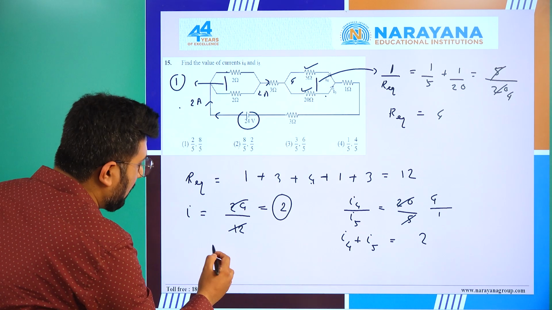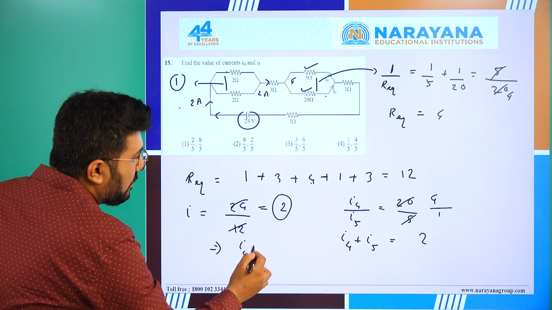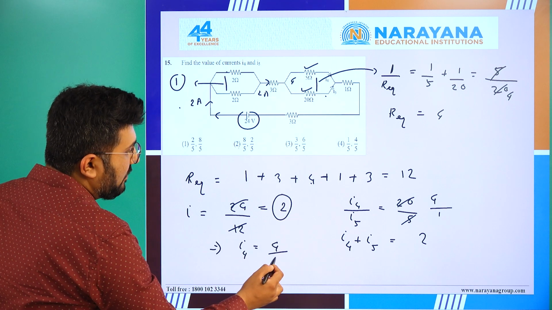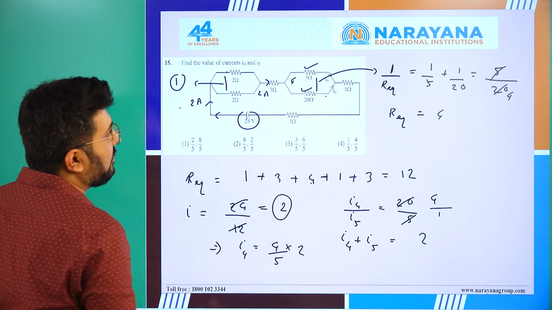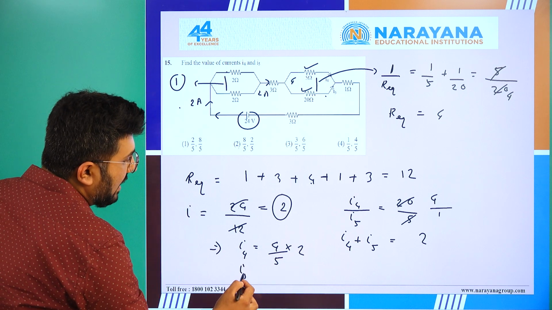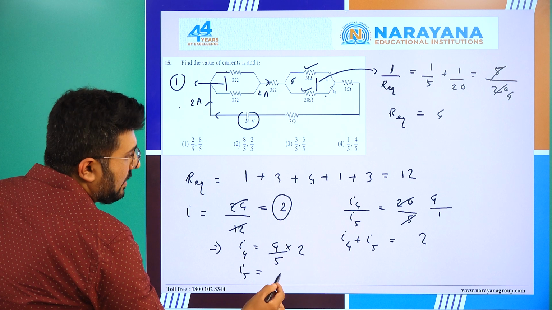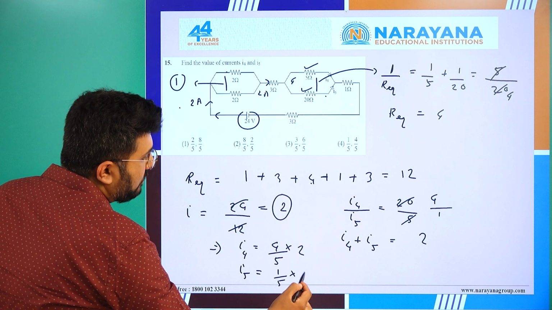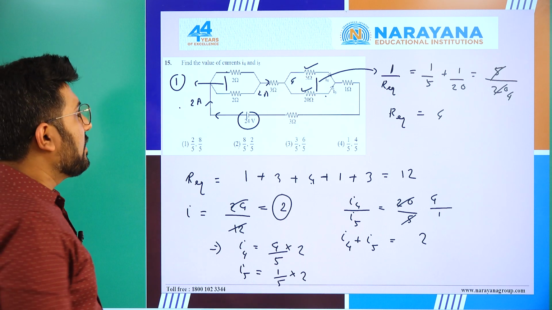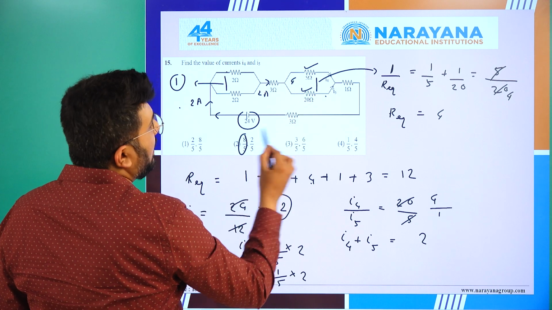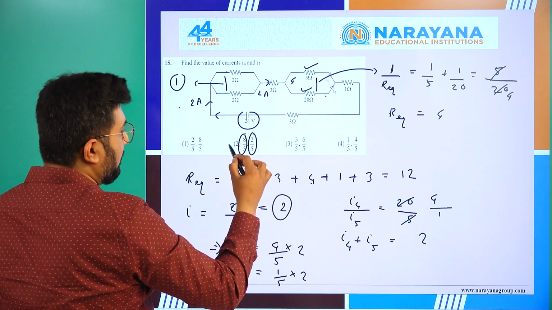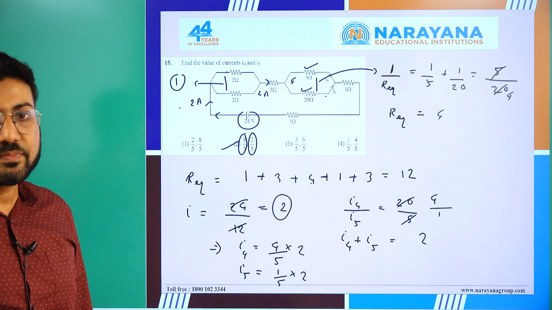So then what will be the value of I4? Value of I4 will be 4 by 5 into 2, which is 8 by 5. And what will be the value of I5? Which will be 1 by 5 into 2, which will be 2 by 5. So I4 will be 8 by 5, I5 will be 2 by 5. So this is the answer.